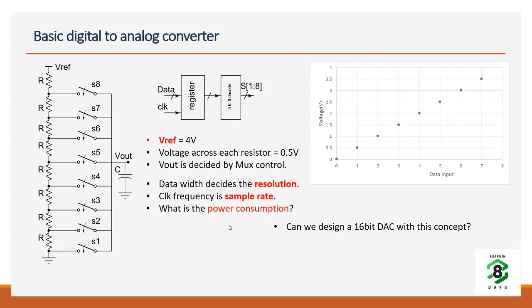Think about the physical limitations. Okay. Second point is, can you do a data rate of 1 megahertz? Like, can we refresh the data every 1 microsecond with this structure? The switch and the capacitor at the output and the register value, right? Just this circuit may not be possible, or maybe possible, I don't know, but can you do it?